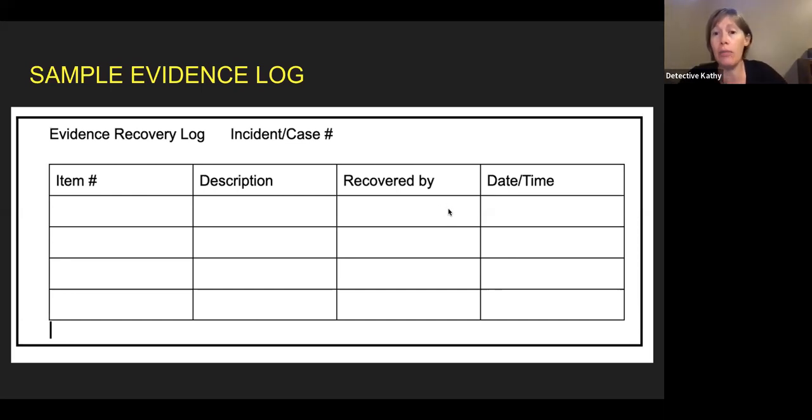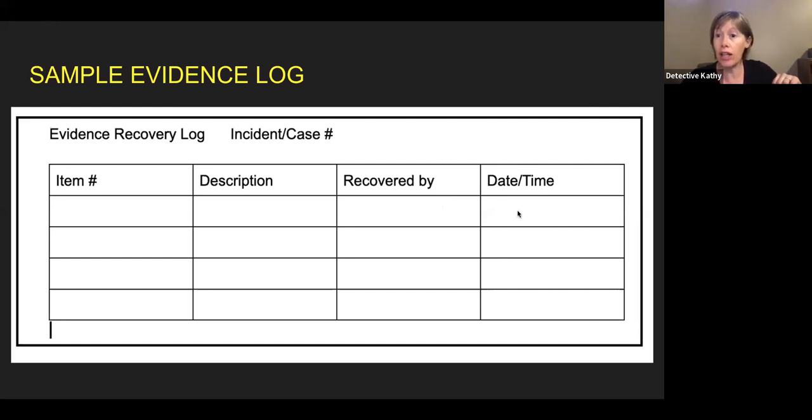In the next column over, it asks us who found this evidence or who recorded this evidence. So that's where we would put our name, and we would hope, if we're doing everything correctly, that the name that's in that cell of the column also corresponds to the name that's on the signature on the tape of our evidence bag or our evidence box.